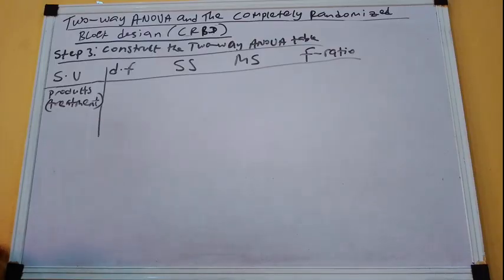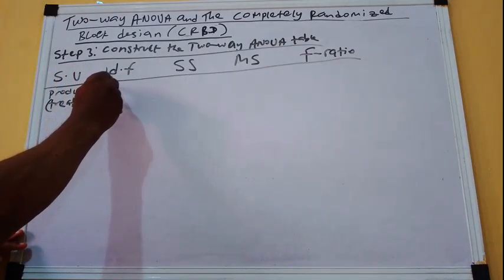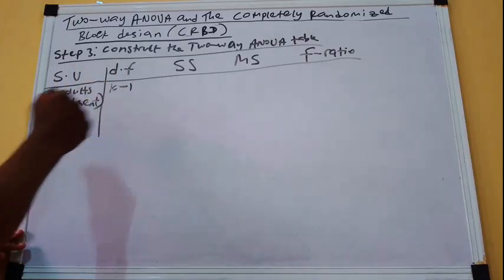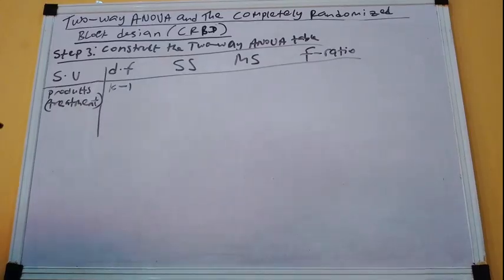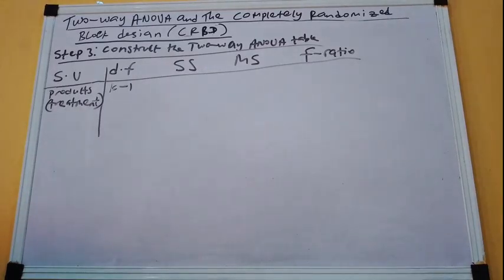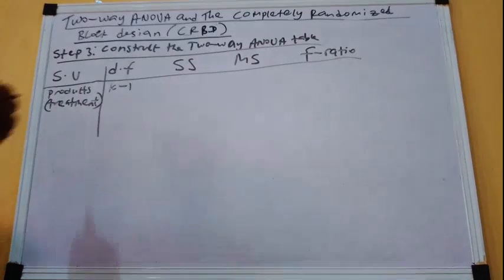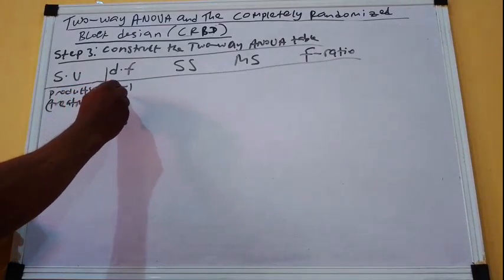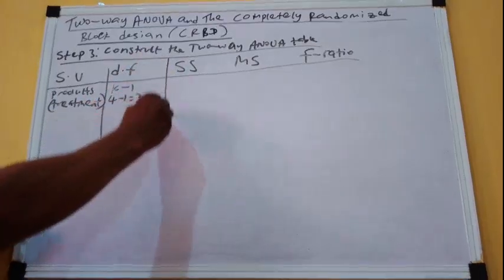The degrees of freedom is K minus 1, and we have 4 treatments, A, B, C, and D. So K is 4, and 4 minus 1 is equal to 3.